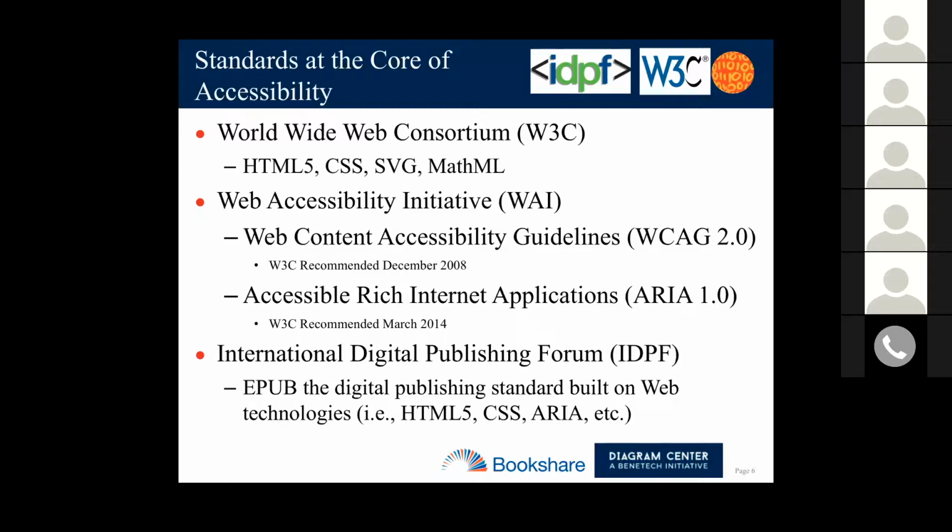And then there's the Accessible Rich Internet Applications, or ARIA. And the version that we're currently referencing is 1.0. They're actually in a candidate recommendation right now in the W3C for ARIA 1.1, which adds some new special features that will be very exciting to get to use in the future.